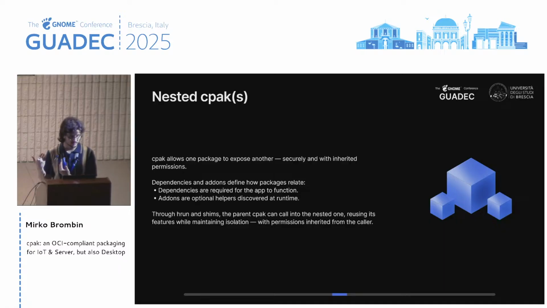So we need add-ons, which are dependencies that I could use sometimes. For example, if I installed the cpak of Golang, and then I installed the cpak of VS Code, since Golang was defined as an add-on for the VS Code cpak, it can be used by VS Code. If I don't install Golang, VS Code just works without Golang.